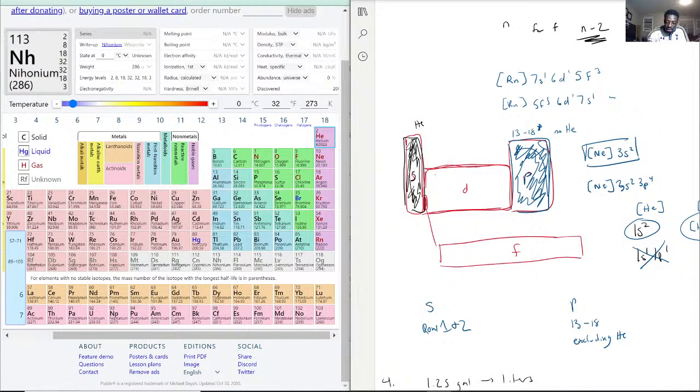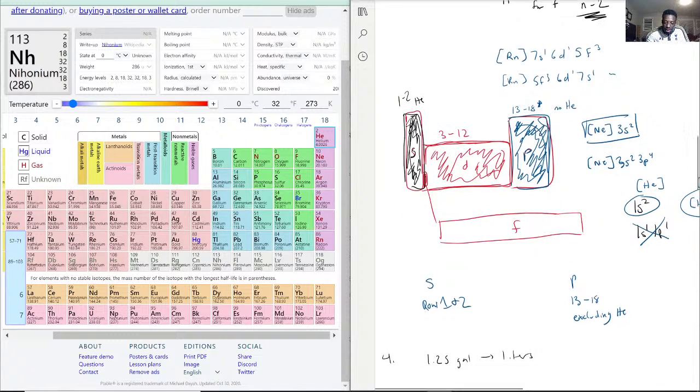These are known as the transition metals typically, so from 3 to 12. 1 and 2, 3 to 12, 13 through 18.